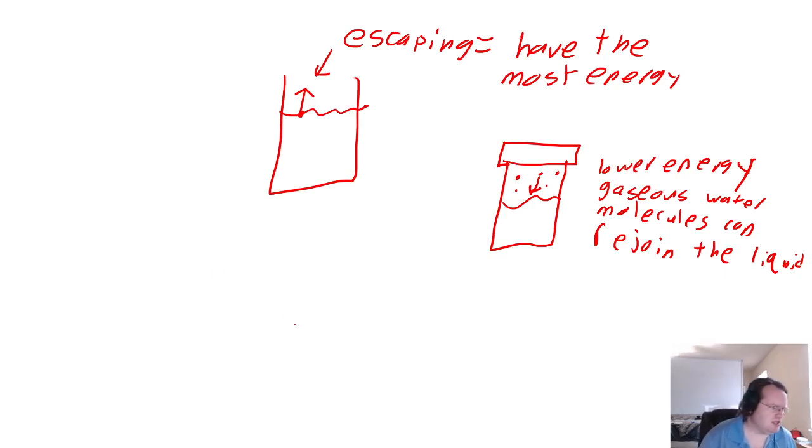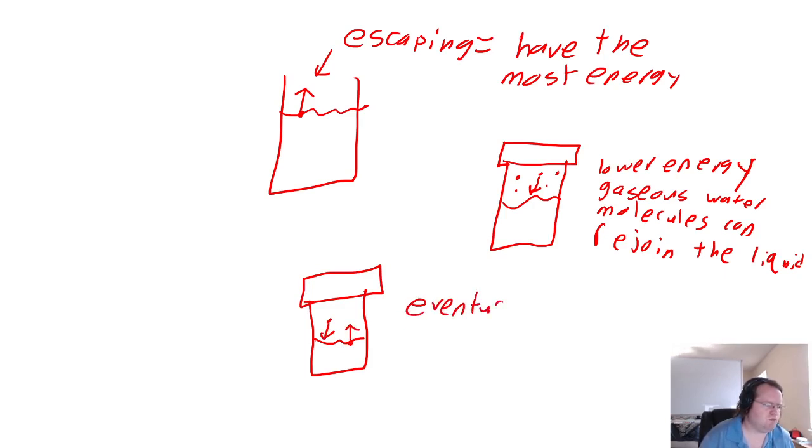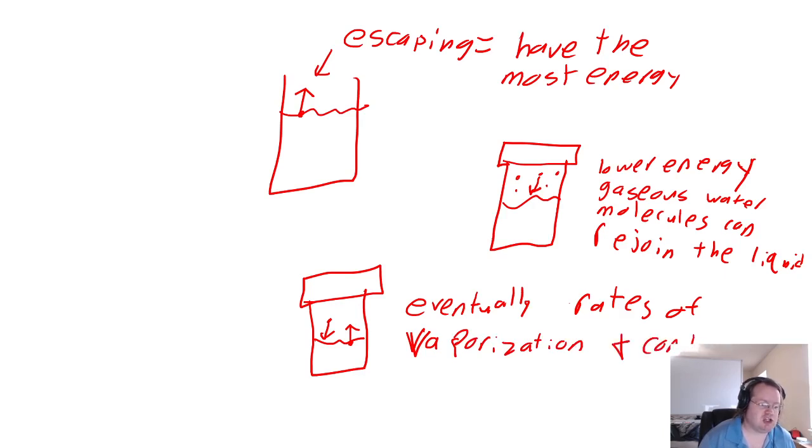Eventually, you get to the point where the amount rejoining and leaving, at least in a closed system, matches. So as they rejoin, some leave. Eventually the rates of vaporization and condensation match.